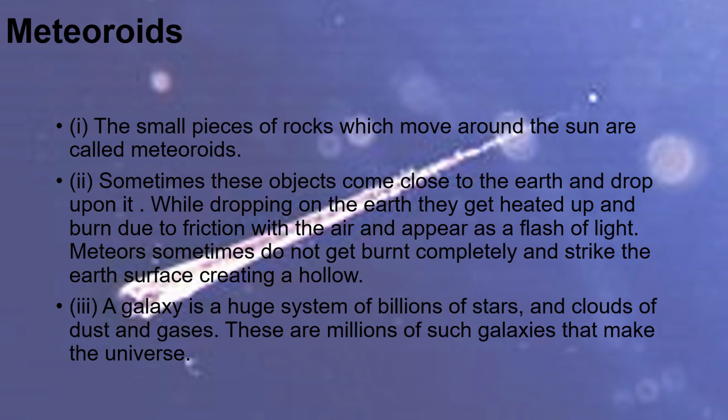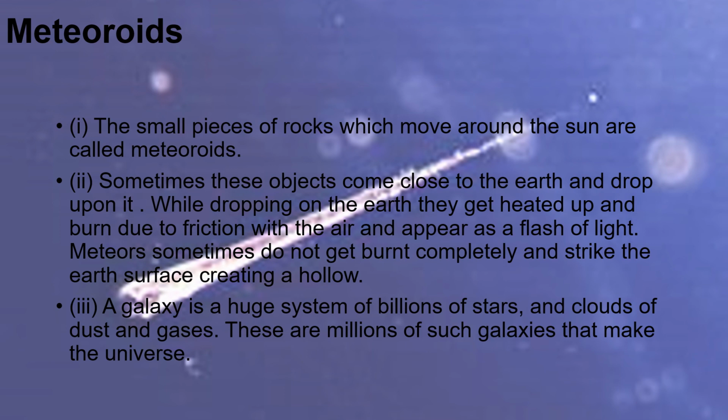So basically we have two terms, meteors and meteoroids. What are meteoroids? Meteoroids are smaller pieces of rock that move around the sun, but they don't have any particular position. Unlike the asteroid belt, they can be anywhere in our solar system.